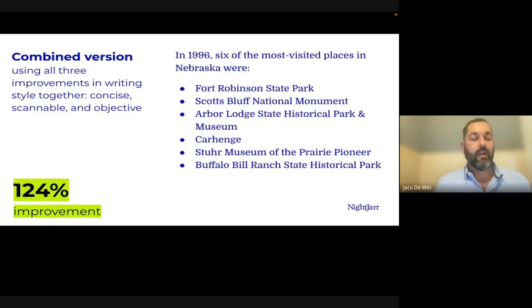So you can imagine that if you reviewed your product information, your About Us information, your homepage copy, or your services pages, all with this same lens, how much more effectively would users be able to consume the information they're looking at?